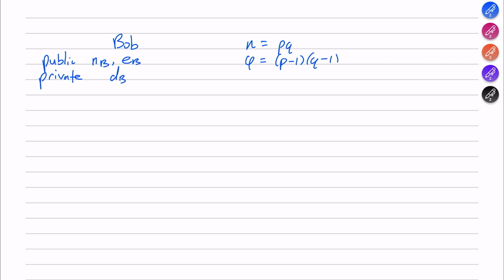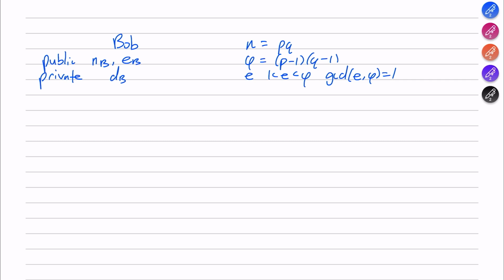Simple enough, right? Now Bob is going to choose an integer e such that 1 is less than e and less than phi. And also, a very important thing is that the greatest common divisor of e and phi has to be 1. So e and phi are co-primes and have no common factor except for 1.